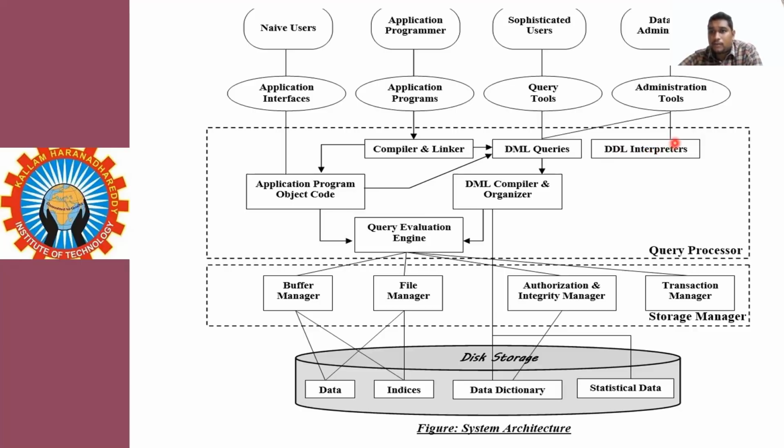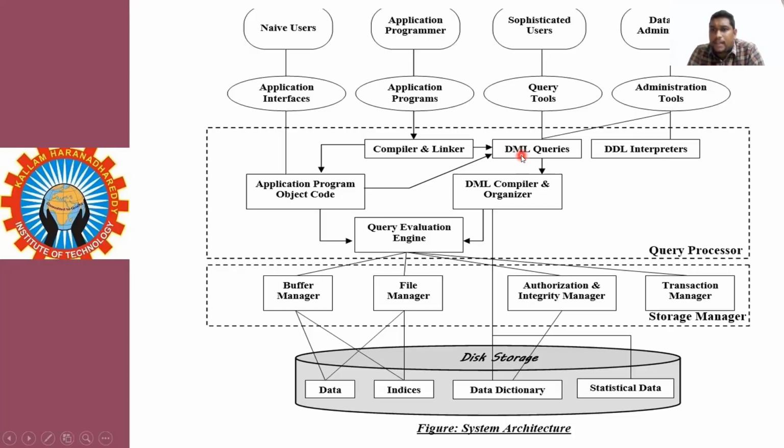The structure of a table, that is a schema, is created by the DDL command called create. So the DBA has defined the schema, so he has DDL interpreters. Clear? Next, users, this is my sophisticated user. This is nothing but one who can retrieve from the database. Retrieving from the database is by means of the DML language.